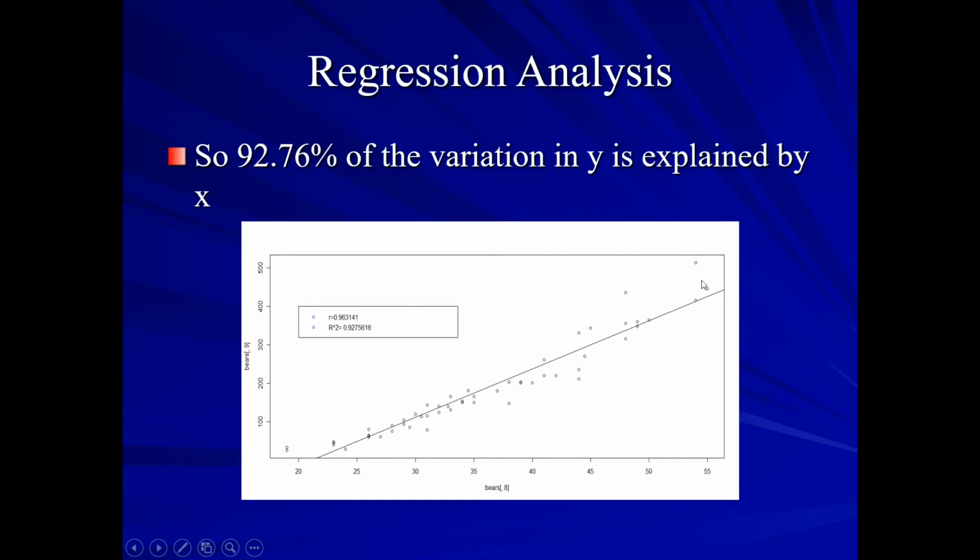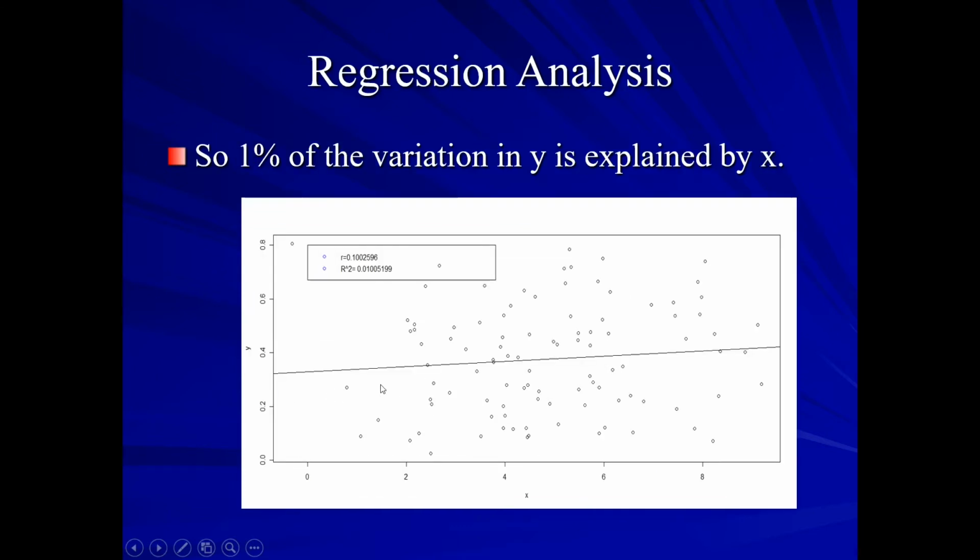Here we have a few large residuals, but overall, the residuals are very small, as opposed to this particular plot. Here our correlation is 0.1002, and so R squared is 0.01005. And notice we have this large variability among our residuals. And so approximately 1% of the variability in Y is explained by X. We're not explaining much. This is a poor fit.